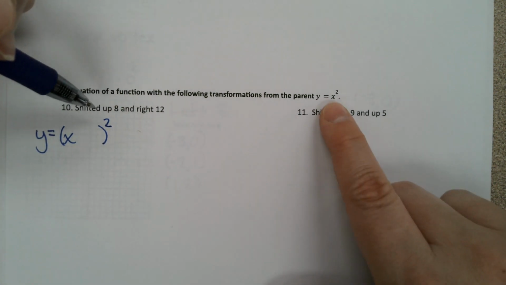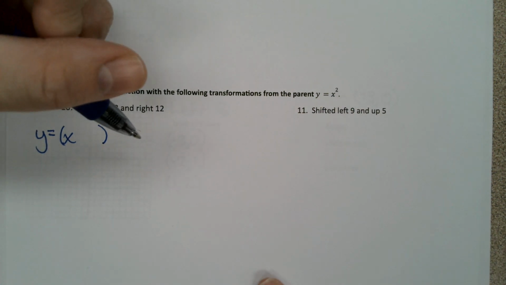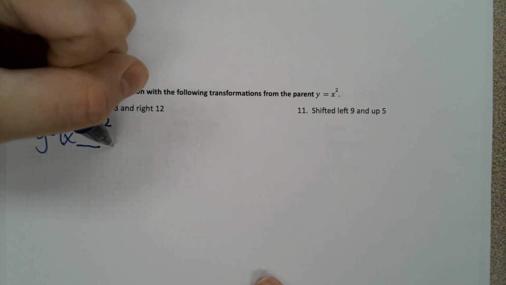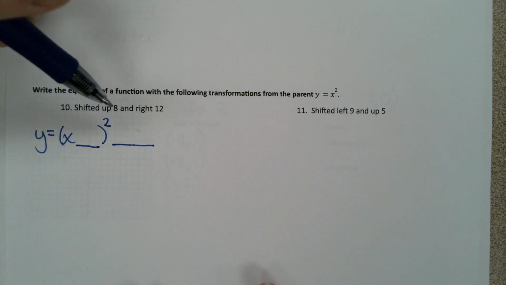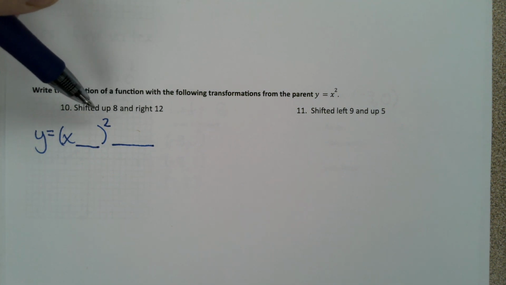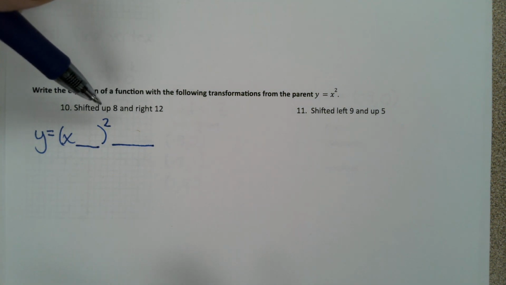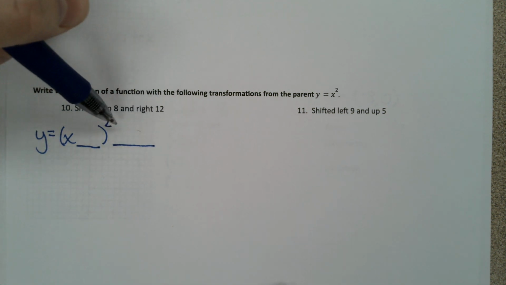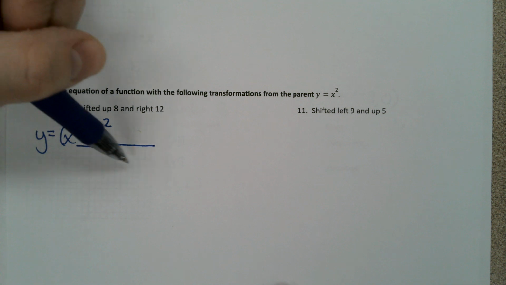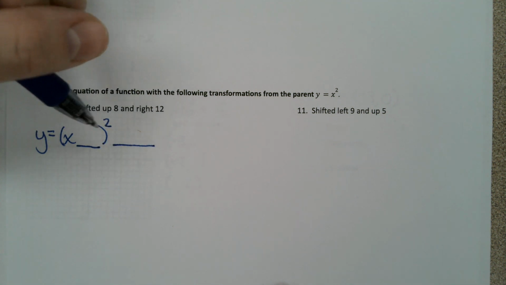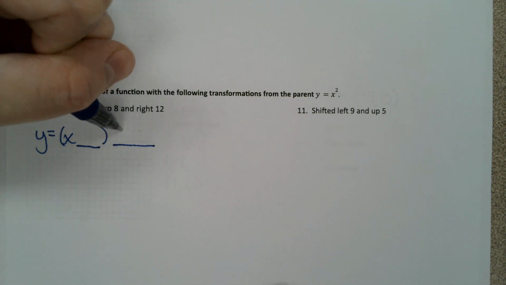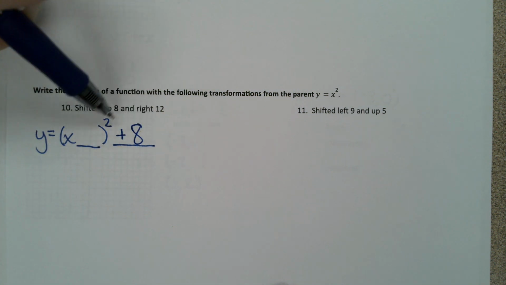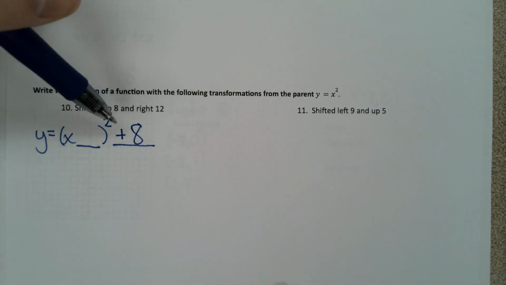We're making the change directly to the x. And then we're going to have something inside the parentheses and outside the parentheses. Up 8. Be careful because we're going to intentionally switch these up on you to make sure you're paying attention. Up 8, that's a k movement. That's outside. Outside of here is up or down. So since this is up 8, we're going to do plus 8 because outside stays the same.